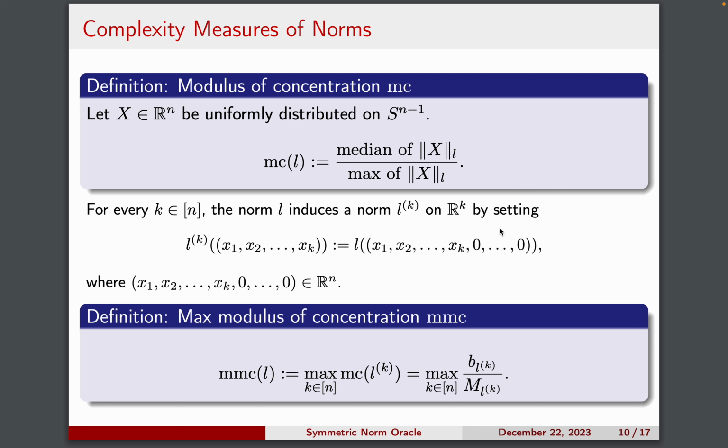Let me introduce some complexity measures of the norms. The first one is the modulus of concentration. Imagine X is a uniformly distributed point on the unit sphere.